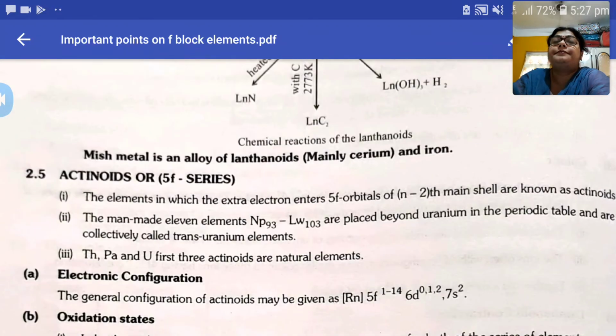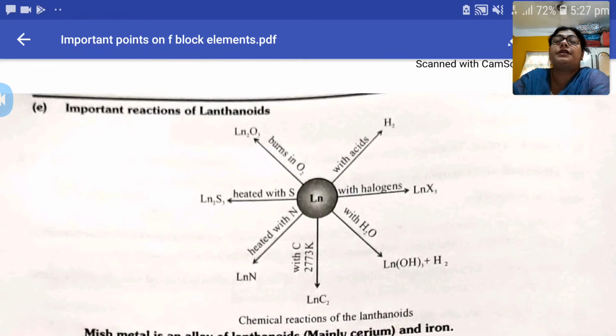Then these are the important reactions of lanthanoids. You see, lanthanides react with carbon at 2773 Kelvin to form LnC2. This Ln refers to the lanthanoids. Then with water it forms hydroxides, with halogens it forms halides of the lanthanides, with acids it gives off H2 gas, and it burns in the presence of O2 giving Ln2O3.